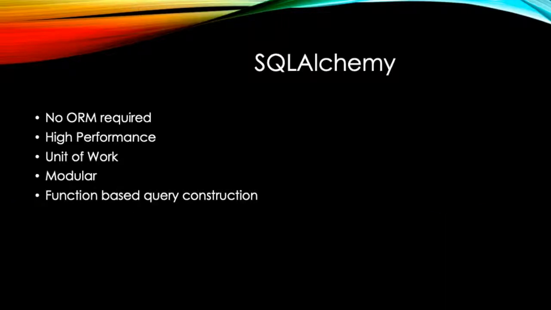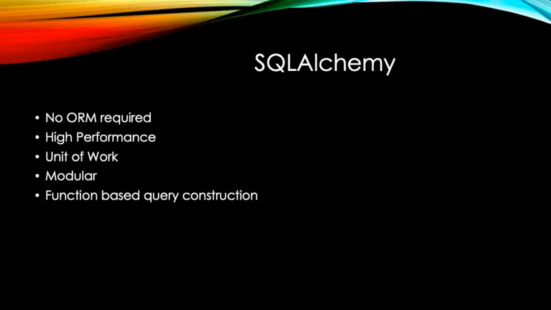Alright, so if you're using SQLAlchemy, no ORM is required, so you don't have to use object relational mapping, because it allows you to send a normal syntax-full SQL query, which I will show you how to do in a second. SQLAlchemy also has high performance unit of work, so with very small lines of code you can achieve whatever you want to do.